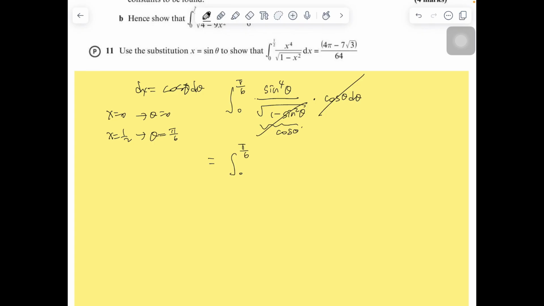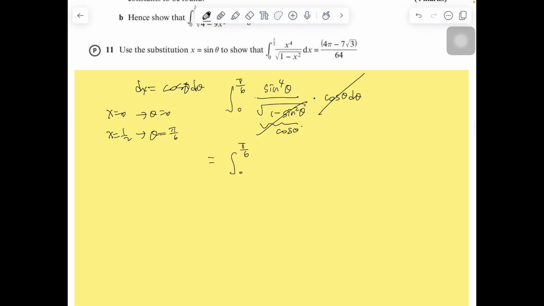So when we have this even power, sine has 4 now, then we need to use the cosine double angle identity. So you need to remember, even though this is a sine, we use the cosine double angle identity. Here, because we don't know the higher degree of the trigonometric functions, let's see.